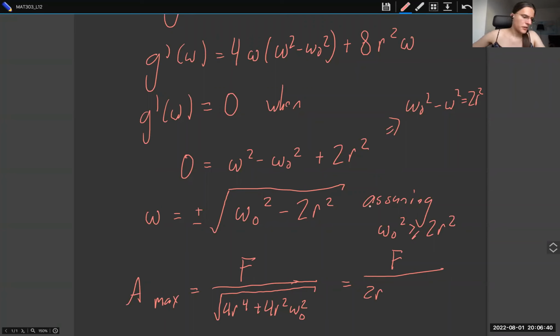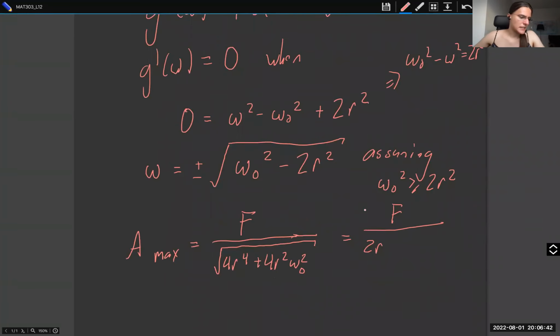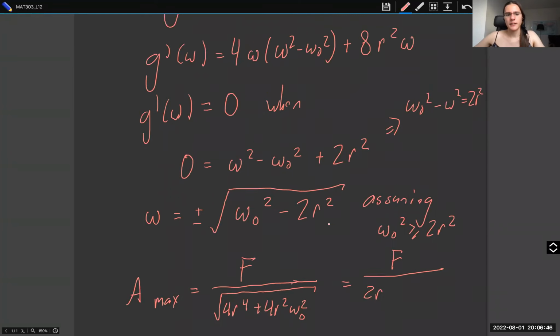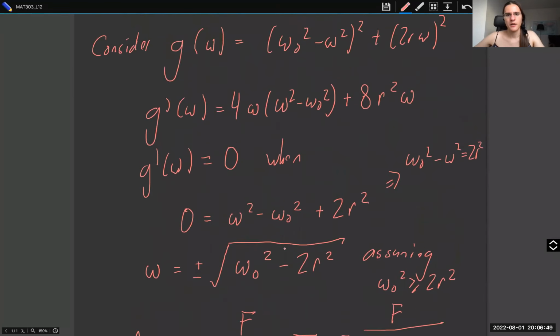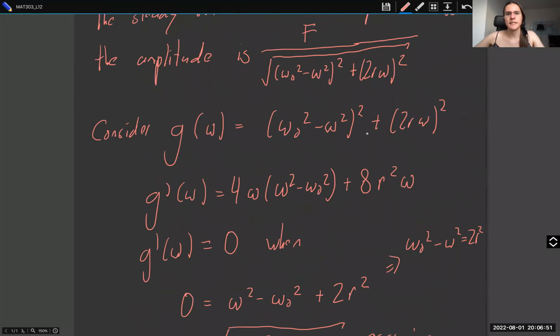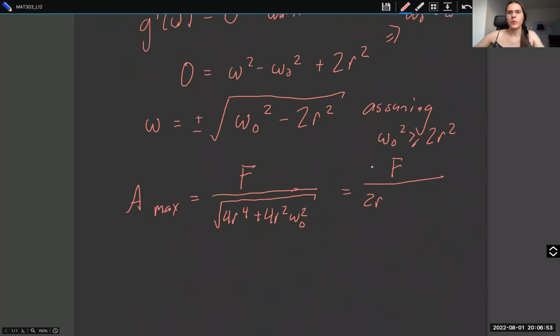This is also not good, because I get here the book has a minus sign. Oh, I see. 2R omega. No. Okay, this makes sense. This does make sense.